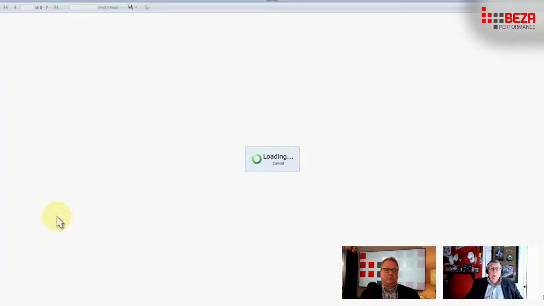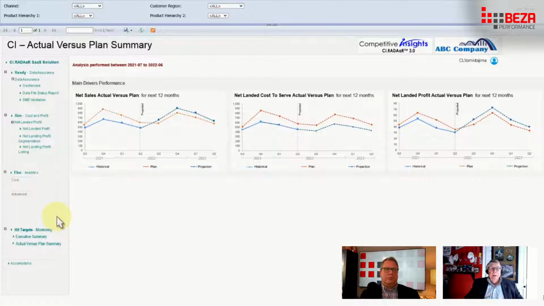What we have now is the actual performance in three different categories where we're looking at plan and how well we've done, and then the projections associated with the performance opportunities that are being worked on, as to what we could anticipate given that we continue with the strategies that we're defining based on having the cost and profit analytical information.